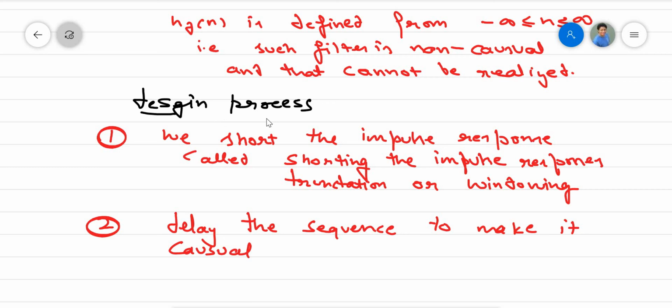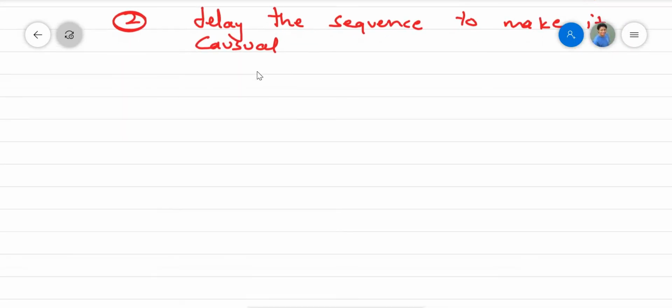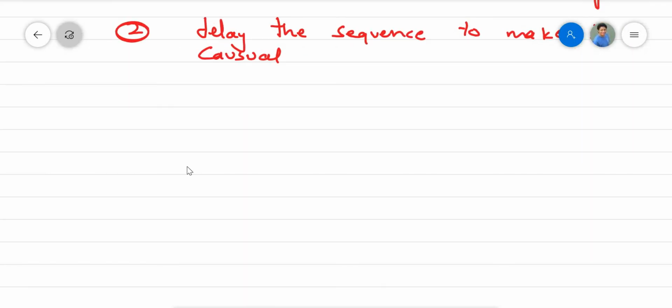First, we will shorten the impulse response of the filter, and then we will delay the sequence such that the sequence will be causal in nature. Okay. Now we will start one by one. First, we will start with the windowing.